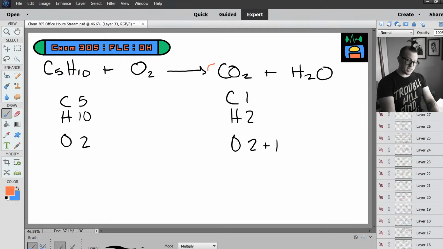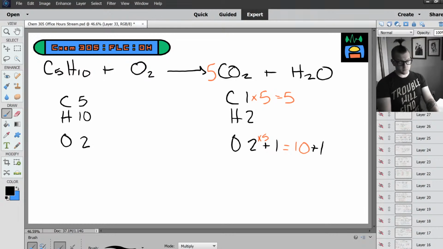We need 5 carbon atoms on our product side, so we need to multiply CO2 by 5. This balances carbon and just changes oxygen. Oxygen wasn't balanced before, so we're not shedding any tears.